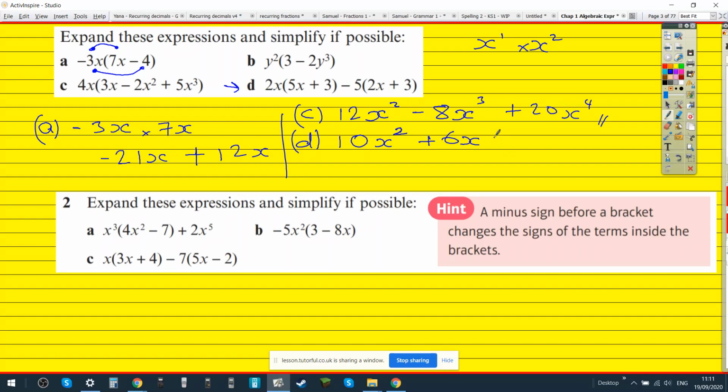And then minus 5 times 2x is minus 10x. And then minus 5 times 3 is minus 15. That's it. Simplify where possible. Anything there you can simplify? 6x minus 10x, that'd be minus 4x. Well done. Minus 4x. And so everything else is the same. Can't be simplified. Other than that, I think you're okay.